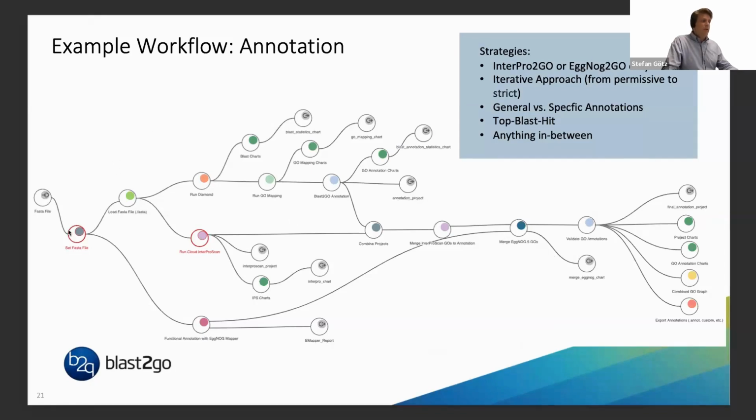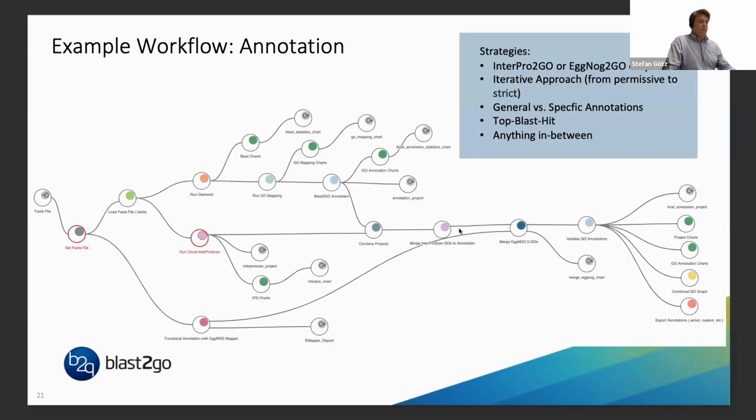So we start off with a FASTA file, then we run Diamond, Blast, Interpro, and Eggnog in parallel. And then we do GO mapping and annotation, and then we merge data back together over here and over here. Then we validate our annotations, and finally we have our annotation project, and then we can export those annotations into certain different custom formats or visualize data.